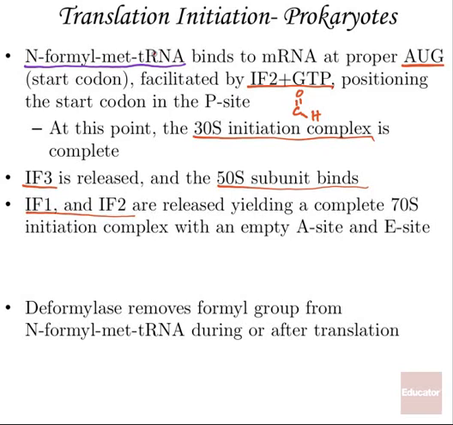Okay. Now, this formylated methionine, we don't have to worry too much about because we have an enzyme called deformylase that removes this formyl group from that met tRNA either during or after translation. So we don't see the formylated version in the mature protein. Okay.